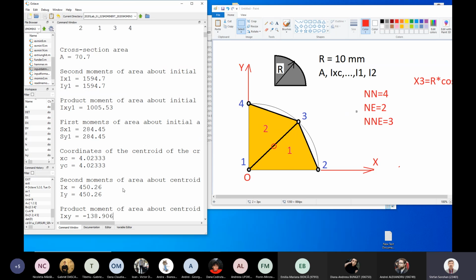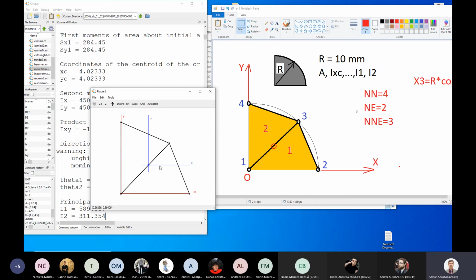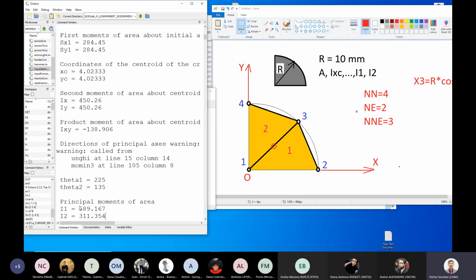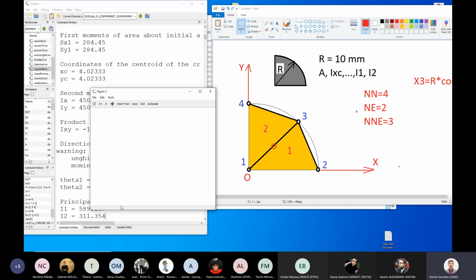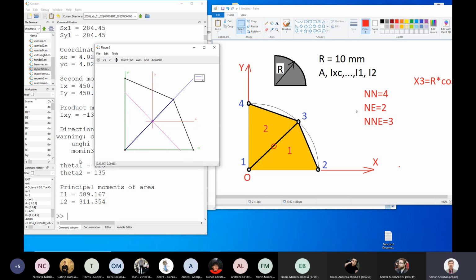Second moment of area about the centroid, and a new picture with the centroid coordinates here, and the principal moments of area, and more a picture with the direction of principal direction 1 and direction 2, and I1, I2 and theta.